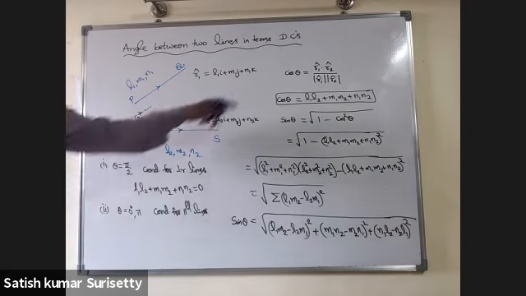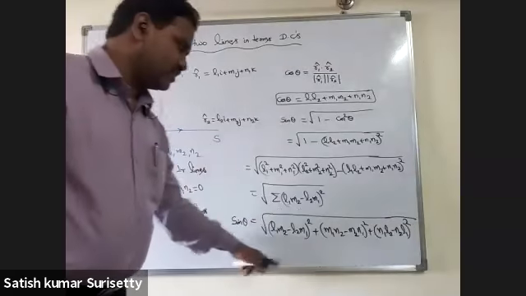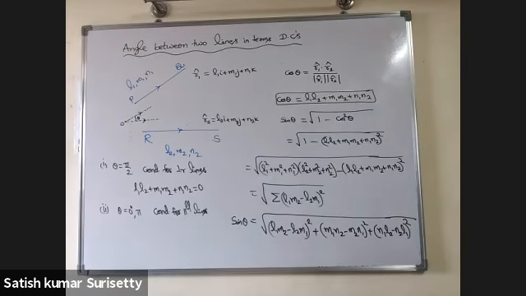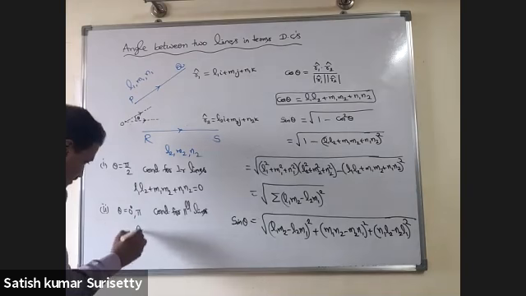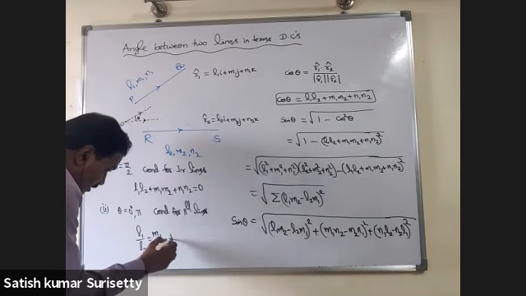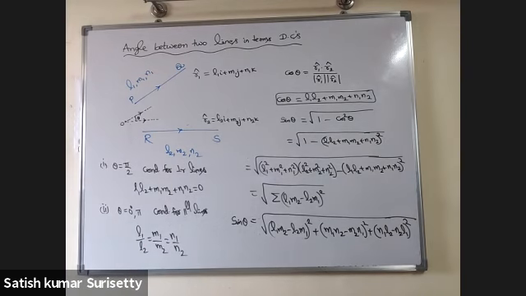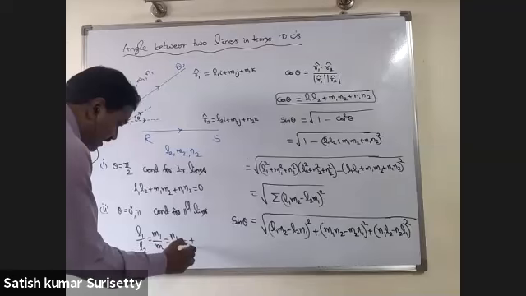So instead of using the cos formula, use the sin formula. Then the sum of these squares equals 0, so each must be 0. Then you can write L1 by L2 equal to M1 by M2 equal to N1 by N2. Can I write this as plus or minus 1?